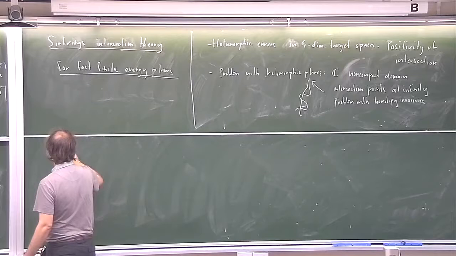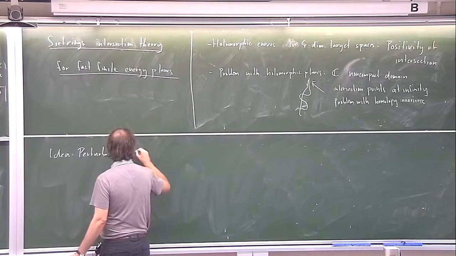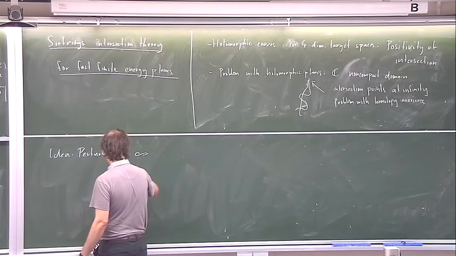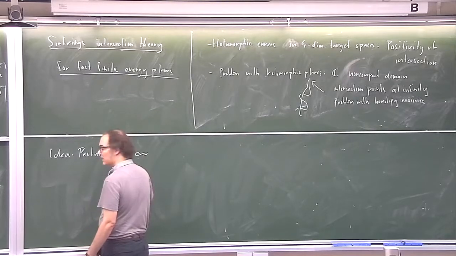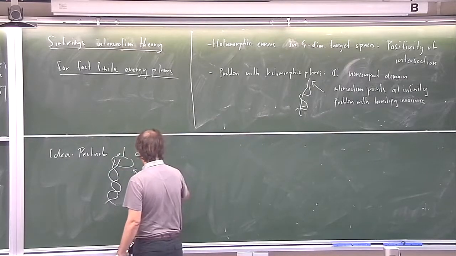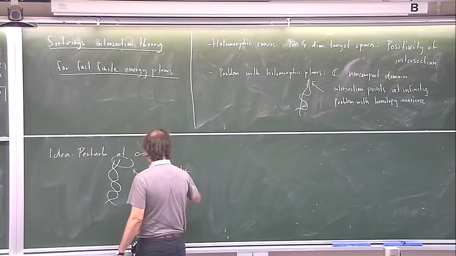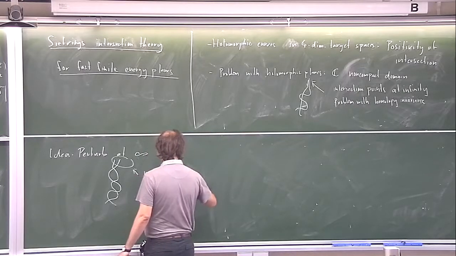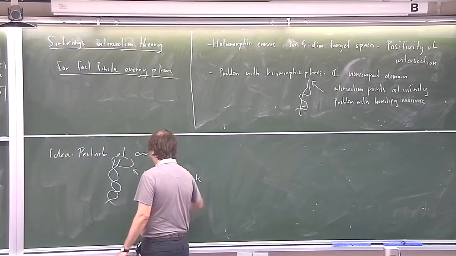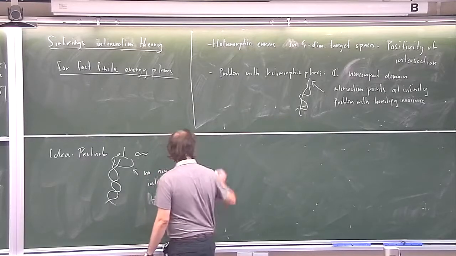So the idea is to perturb at infinity. We have this, but now we perturb this. So we go somewhere else, and then we have no asymptotic intersection, and then we have homotopy invariance.